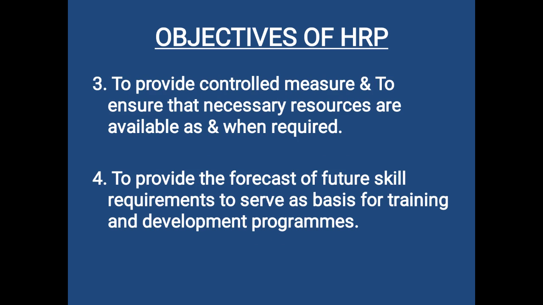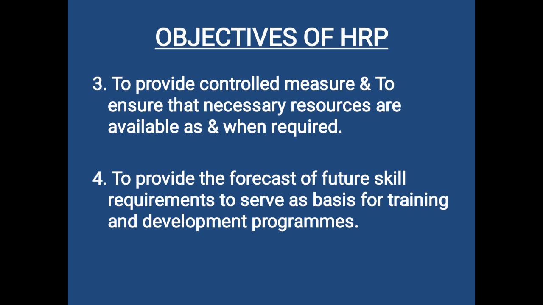Then the next one is to provide controlled measures and to ensure that necessary resources are available as and when required. So it's very necessary that there will be the right number of people at the right time. Right people at the wrong time will be a waste, because whenever there is a need of HR in the organization, at that time there should be a supply also.